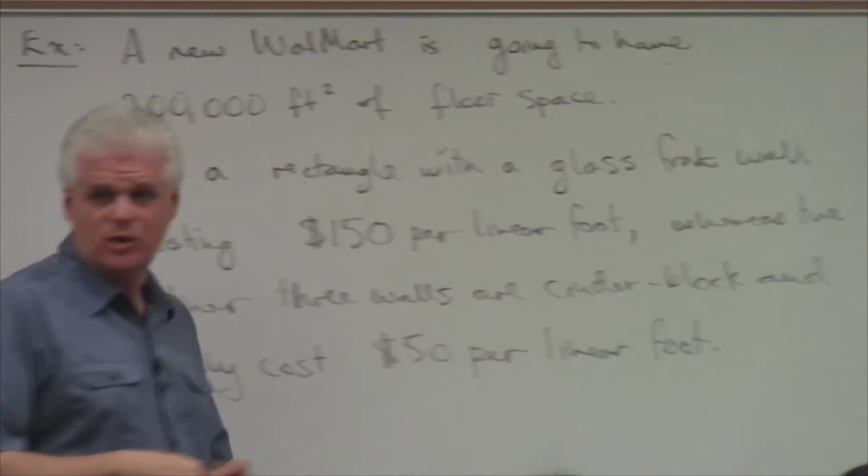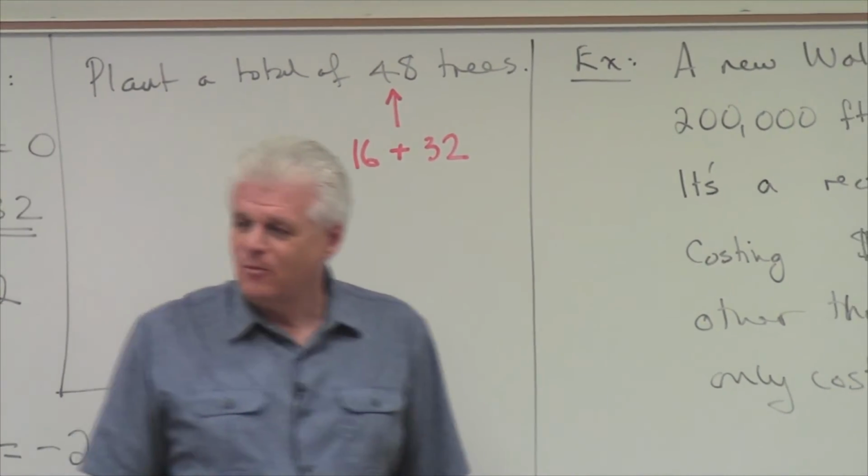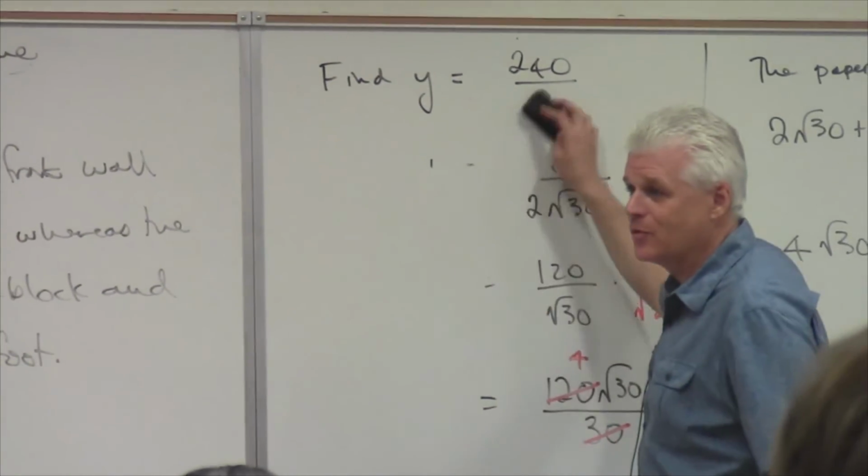Again, I have no clue what construction costs really are. I'm just making numbers up, okay, at random here. Those may be way low or way high for all I know.